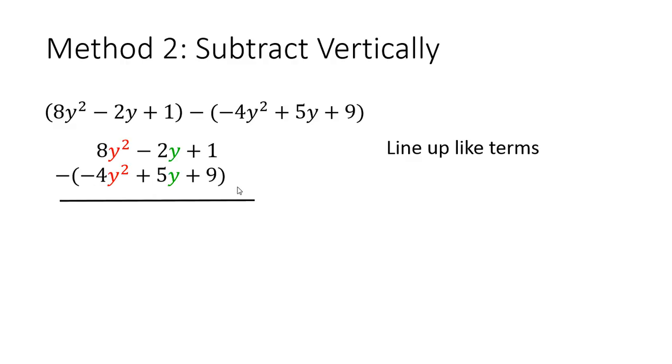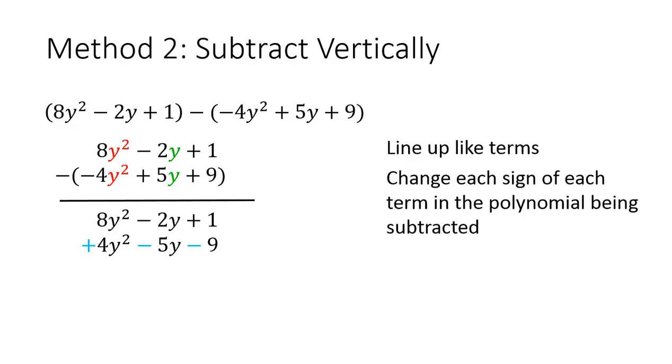And then from there, I'm going to change each sign of each term in the polynomial being subtracted. So that is the second one. And so once again, this negative is distributed to each term in this polynomial.